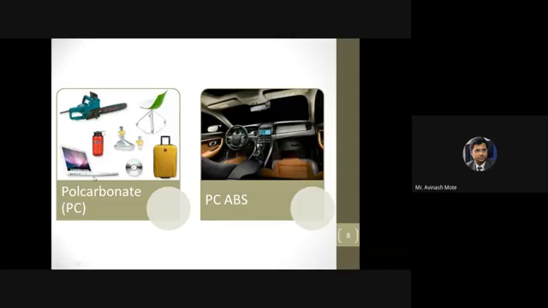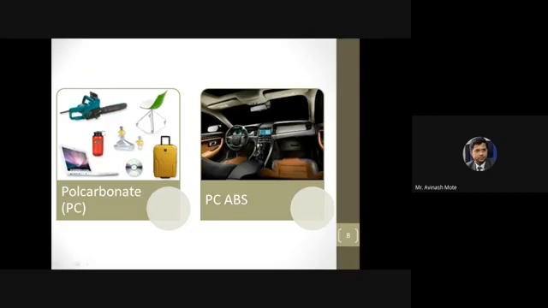But lenses, windows, this disc, this front screen are made from polycarbonate. Again, the covering of a heavy suitcase is made from polycarbonate. The shine of polycarbonate plastic is better than other types of plastic. Your eyeglasses and sunglasses are also made from polycarbonate. This disc is also made from polycarbonate material. So these are the applications of polycarbonate.